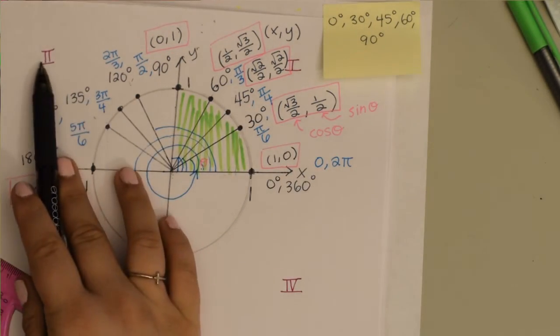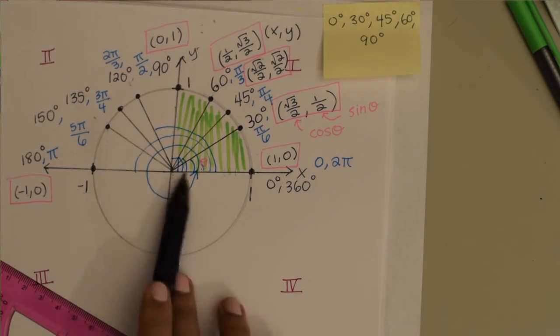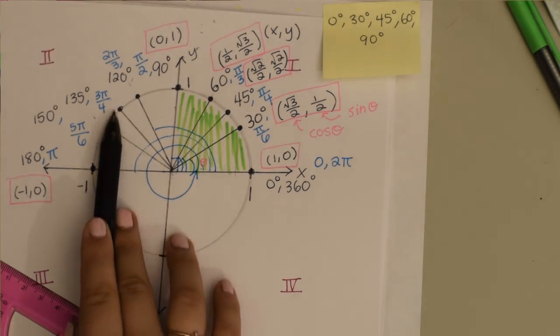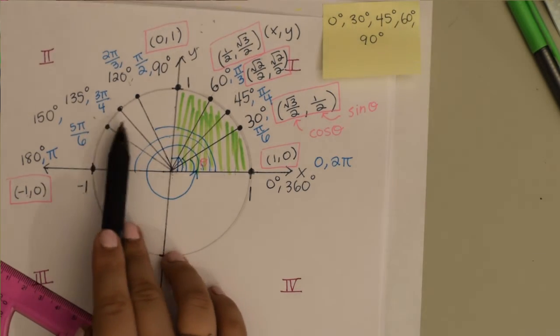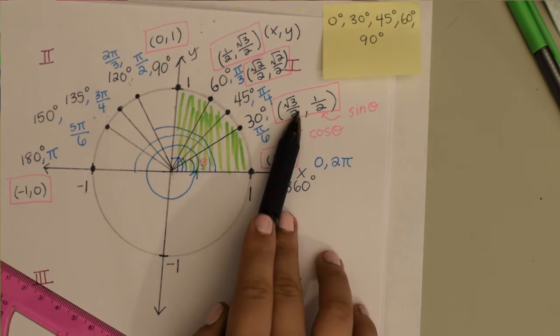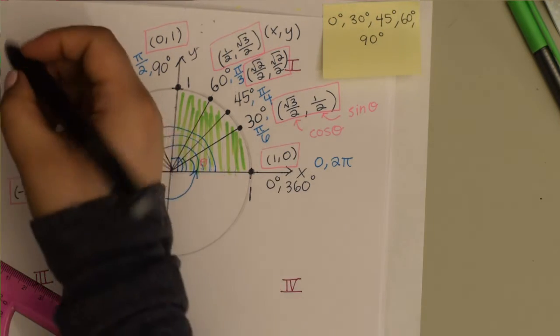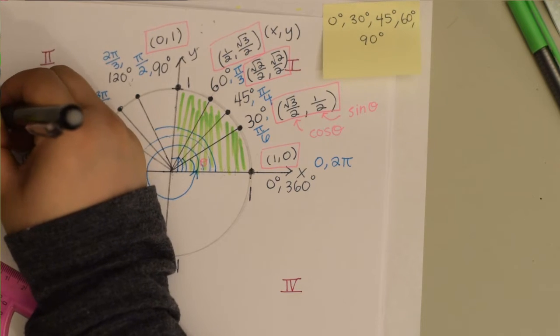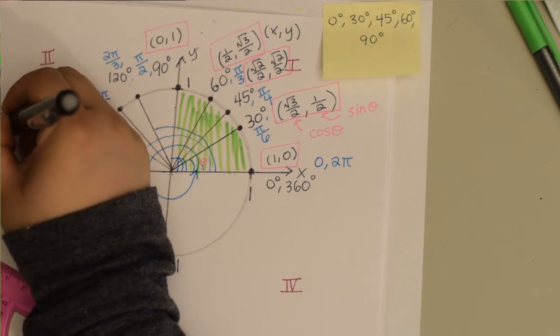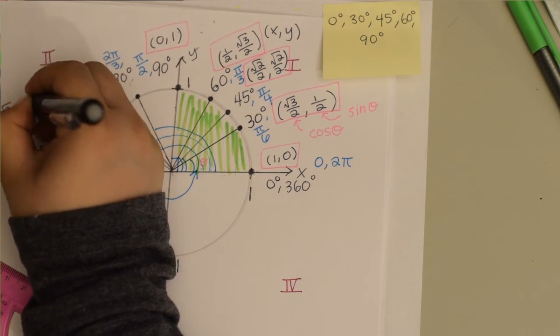So in quadrant 2, my x is negative and my y is positive because I'm going left and up. So this is going to be the same as that, but negative root 3 over 2 and positive 1/2.